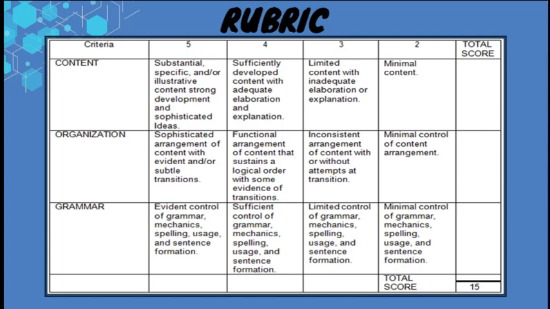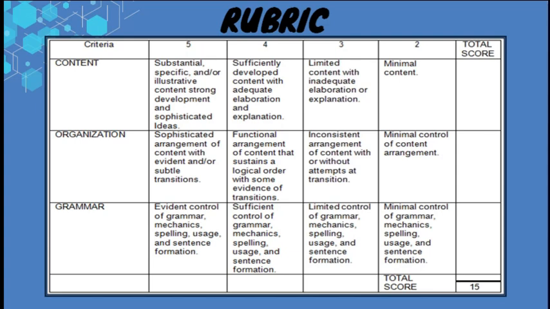You will be scored 4 if your content is sufficiently developed with adequate elaboration and explanation, a functional arrangement of content that sustains a logical order with some evidence of transitions, and sufficient control of grammar, mechanics, spelling, usage, and sentence formation.